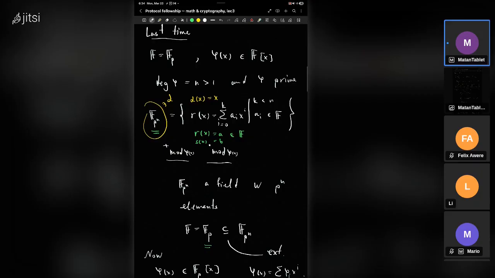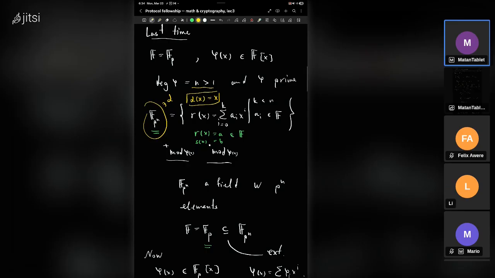But as a set, it's just polynomials of degree less than n, and we assume n is bigger than 1. So I have a polynomial that I denote as alpha that is simply the polynomial x, right?